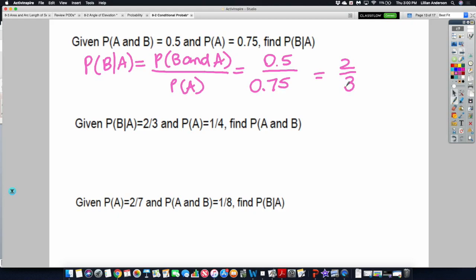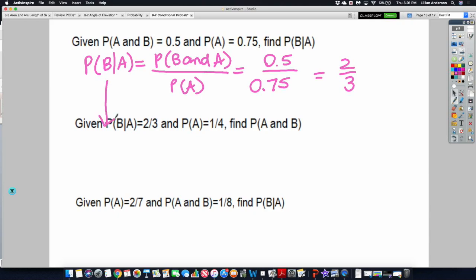Look at the next one. We're given, this time, the conditional probability and the probability of A. We need to find the probability of A and B. So we can use the same formula as we did for the first one, but this time, we're actually plugging in for this side.